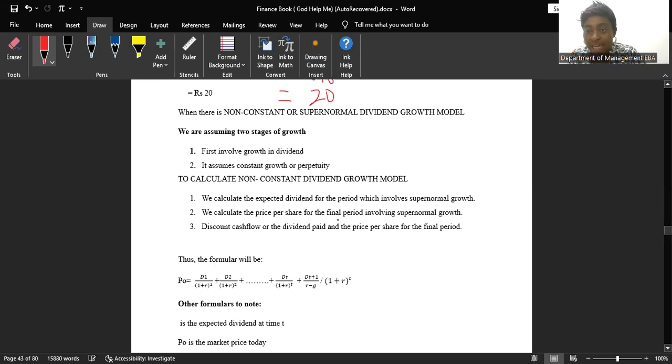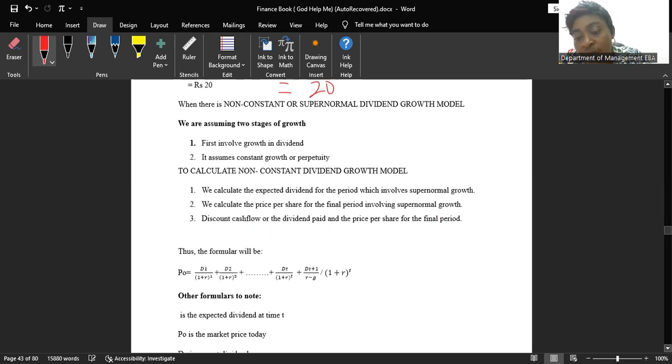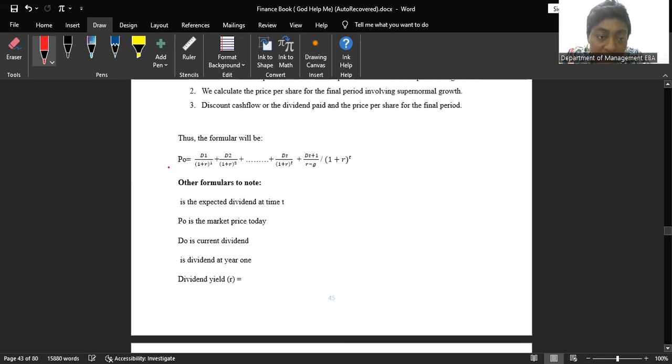If you are buying at year 3, you discount the cash you are bringing in year 4. So you discount the cash flows and the price calculated for the period. Okay, so this is the formula, discounting the price.